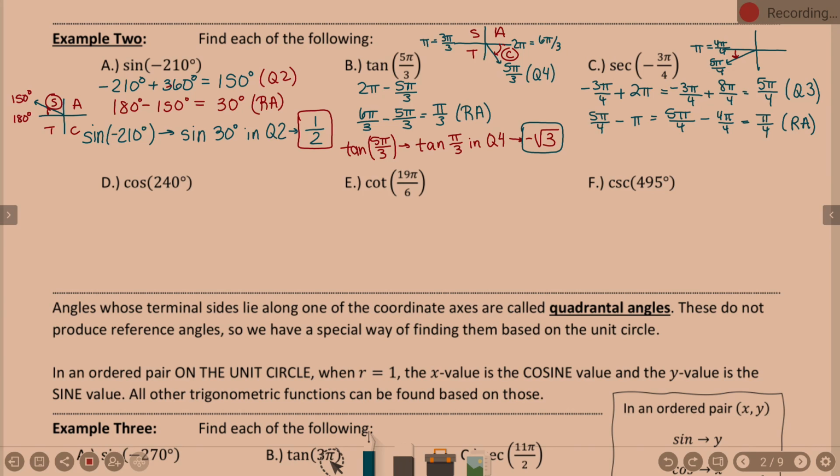So, in order to do the secant of negative 3 pi over 4, we're going to be doing the secant of pi over 4 in quadrant 3. How do we do secant? It's the reciprocal of cosine, yes?